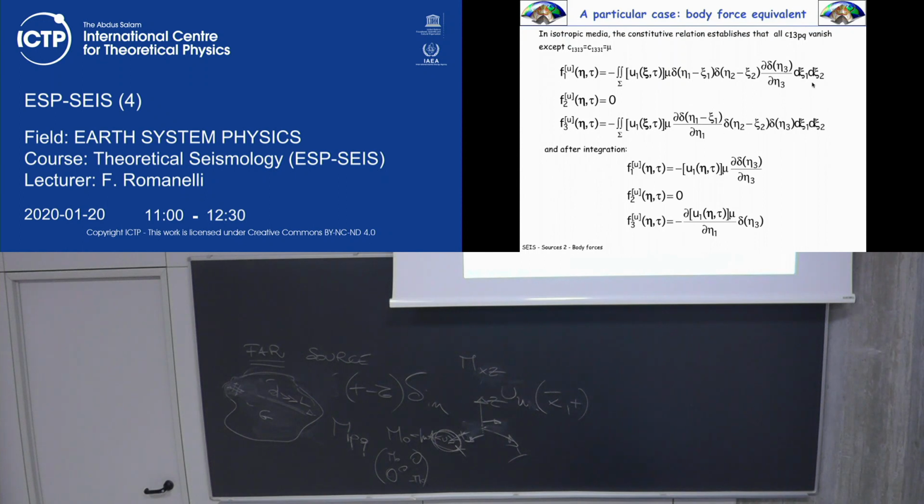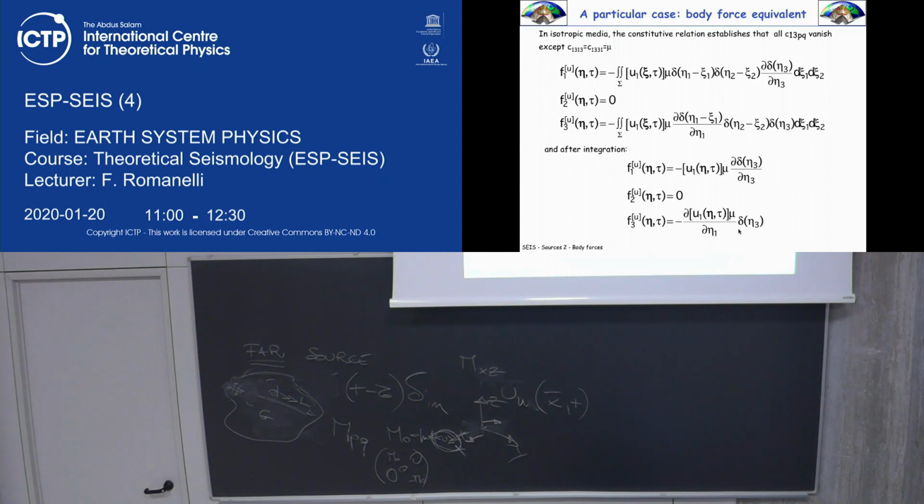Everything has to be integrated over the fault, so these are two variables along x and y. Now let's imagine performing this integration, and the average will be this amount of slip, mu, and what do we have here? Wait a second. It's a delta in the z direction with an arm in the z direction.